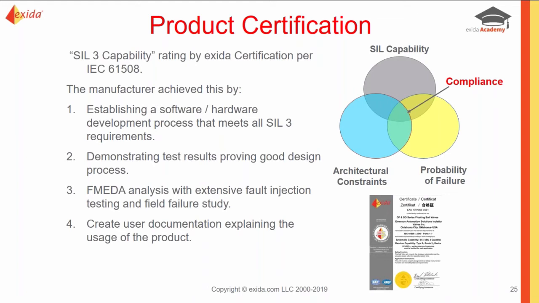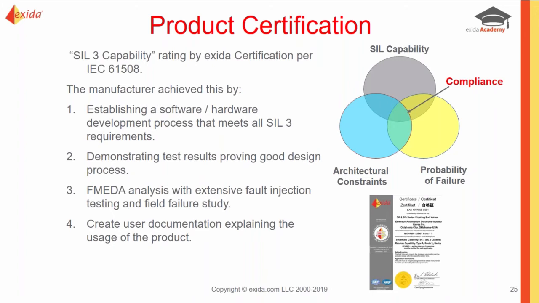The certificate is going to show that you met all of those requirements of the standard. It's going to show that you've met your SIL capability through the safety case. It's going to show that you've met your probability of failure through the FMEDA and your architectural constraints listed on the certificate as well.